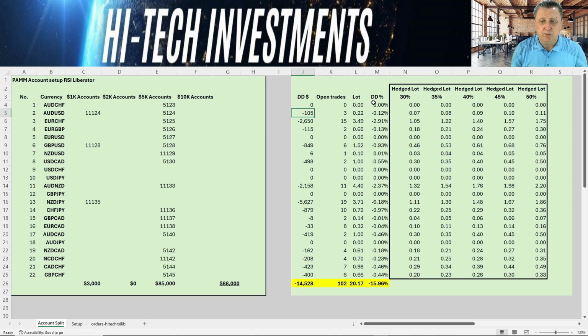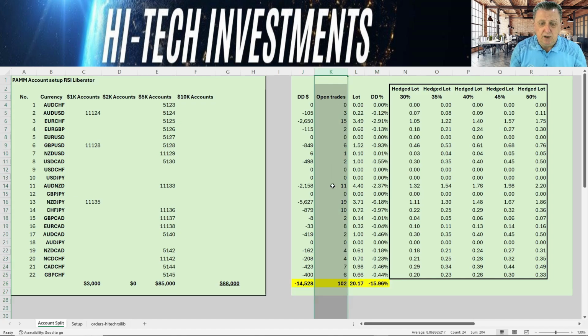Now, also here we have a drawdown percentage. So this is a percentage calculation that we are using for the individual drawdowns. That means that based on the minus in drawdowns, we can then see the percentage on the overall account. So which ones are pulling in the wrong direction. And at the bottom down here in yellow, we can see that the drawdown at the time that we pulled out this Excel was $14,528.